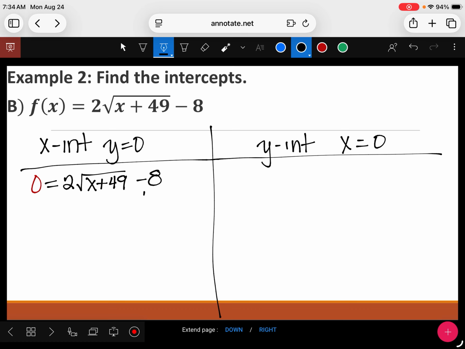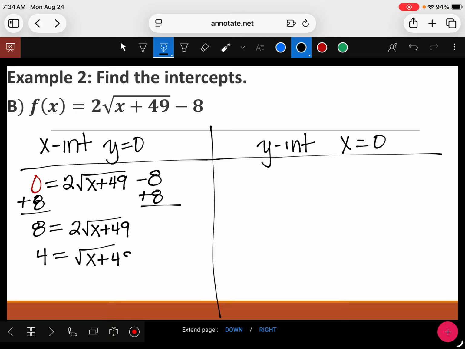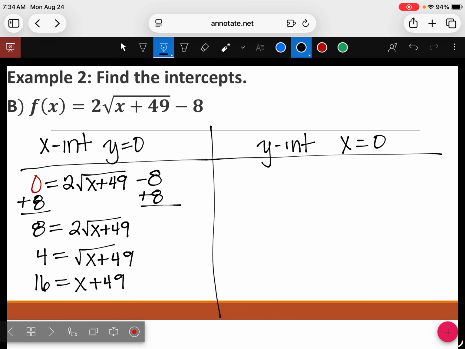We would start off by adding 8 to both sides. So 8 equals 2 times the square root of x plus 49. Then we divide both sides by 2, and then we square both sides, and we subtract the 49.